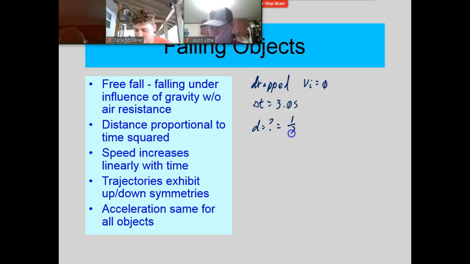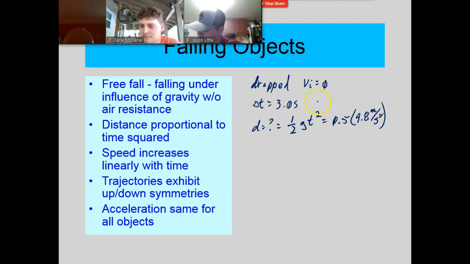D is equal to 1/2, I'm going to write it as GT squared, where G is the acceleration due to gravity. So that would be 0.5 times 9.8 meters per second squared times 3.0 seconds squared.